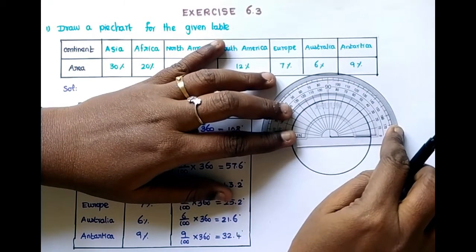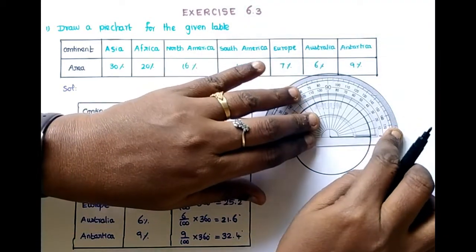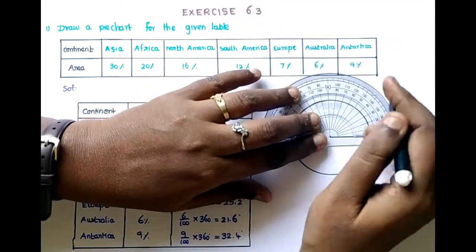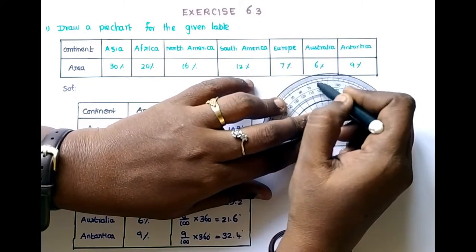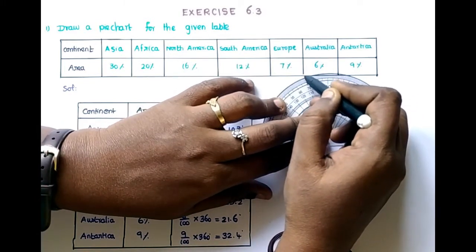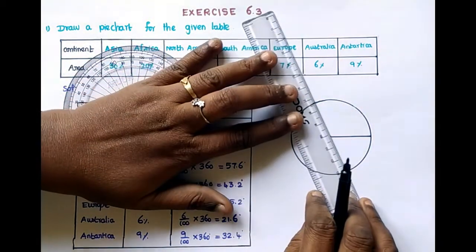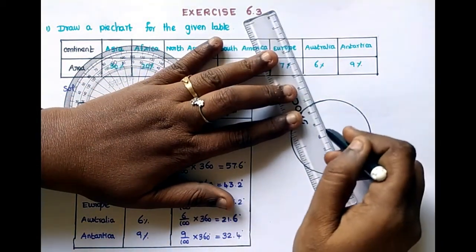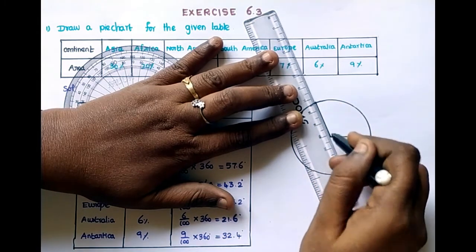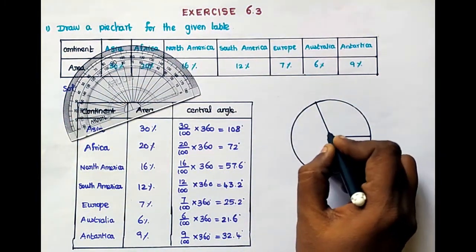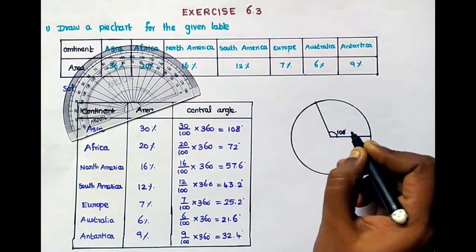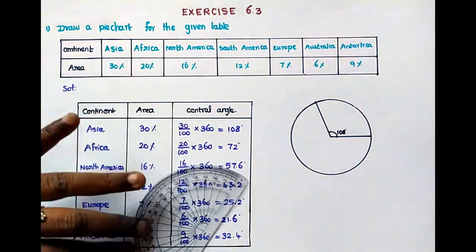Take your protractor and measure 108. Here 100 and then here 108. That is 108 degree.